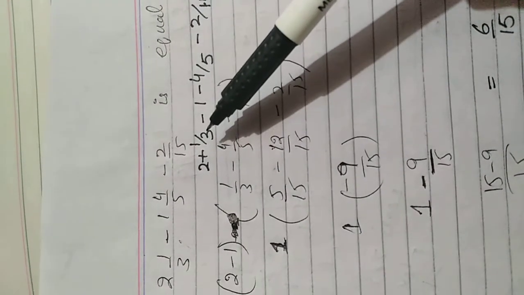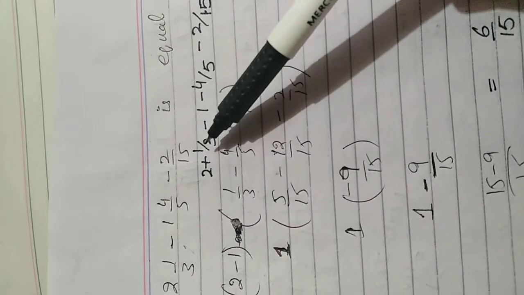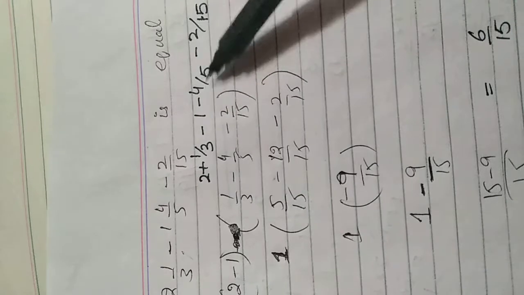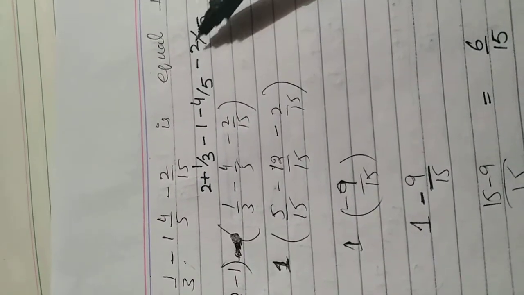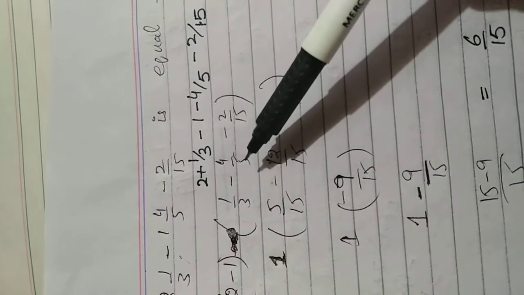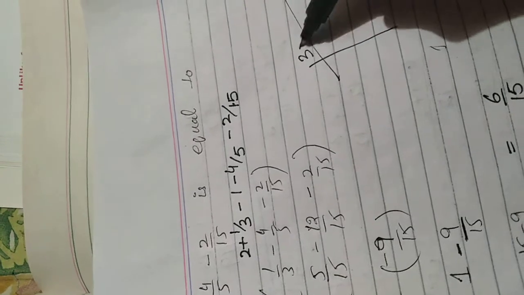And minus 2 over 15. Then we subtract whole numbers, first 2 minus 1. And then we will subtract fractions: 1 by 3 minus 4 by 5 minus 2 by 15.